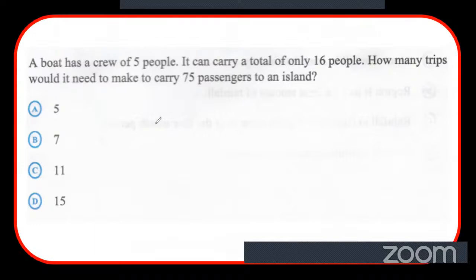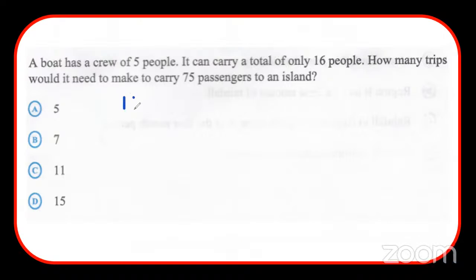So 75 divided by 11 means that we have 11 people first time here, 11 people in the next trip, 11 people again, because we can't be adding those 5 crew. They have to be on each trip. 11 again. So she had said 6, and yeah, the calculation would give us 6 trips here.